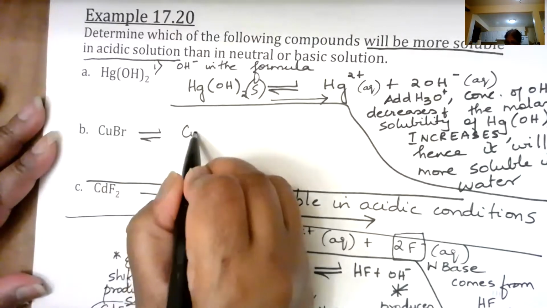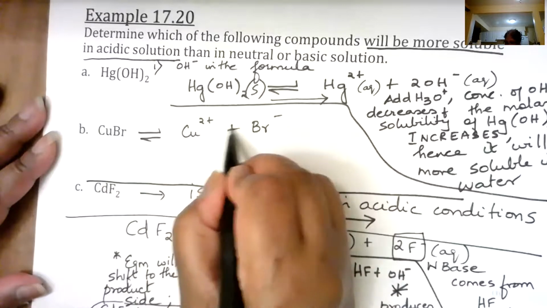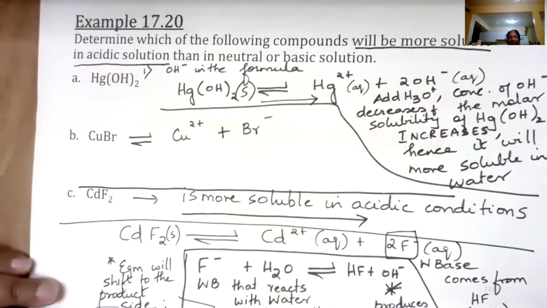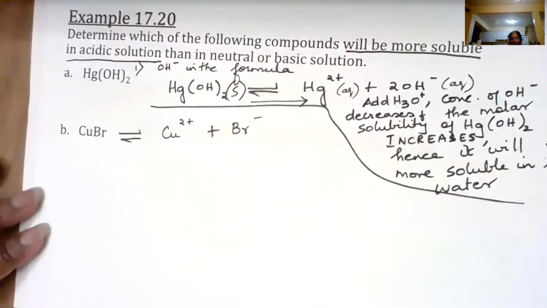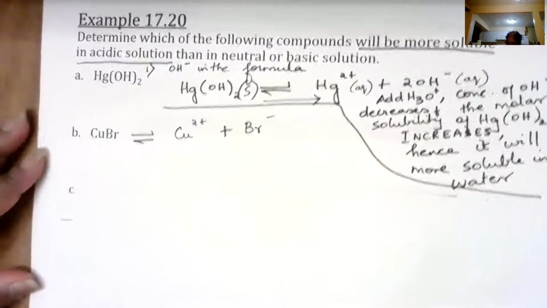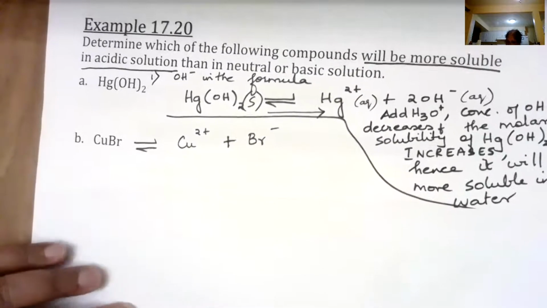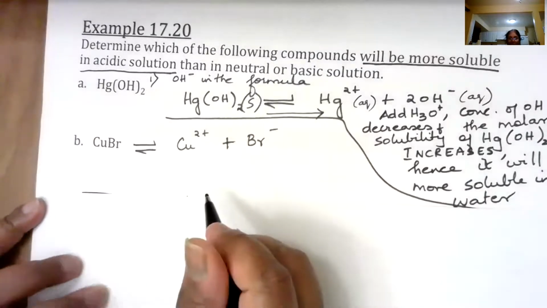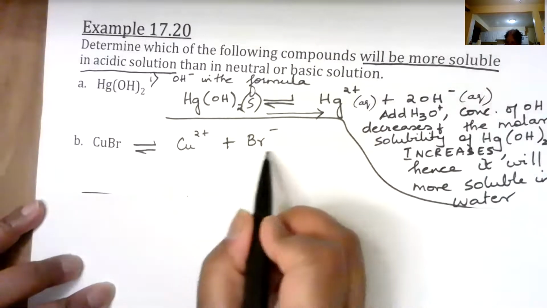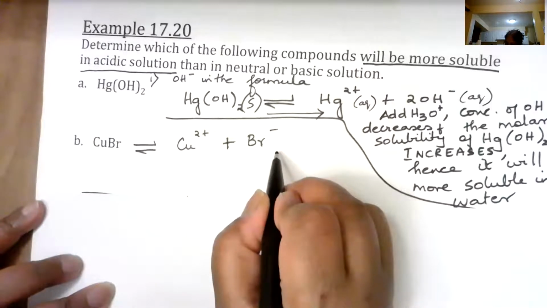All right, now let's look at the one in the middle, CuBr. Now you have to start thinking about the role of Br minus. Where is this guy coming from? What is his origin?